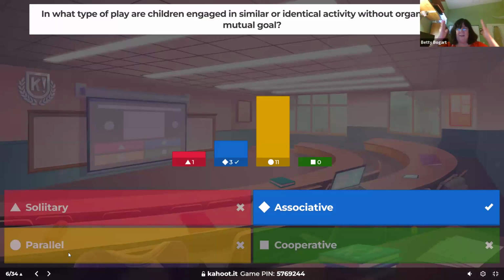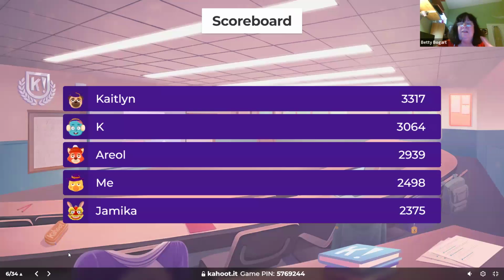Now, parallel is next to each other, playing with their own toys. But when they say engaged in similar, it means they're together. That means associative, but there's no goal. Nobody wins. It's not like a board game. It's not like they made a racetrack. It's just they're all playing with toys together. That's all they do. That's associative.